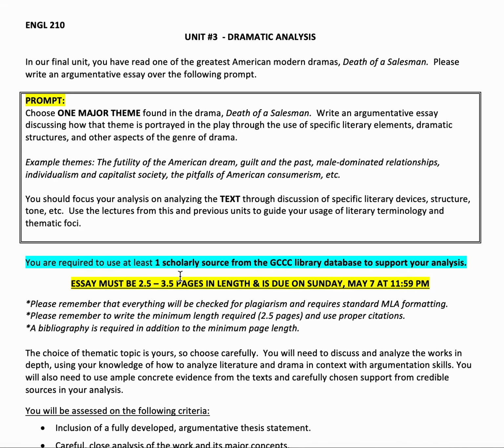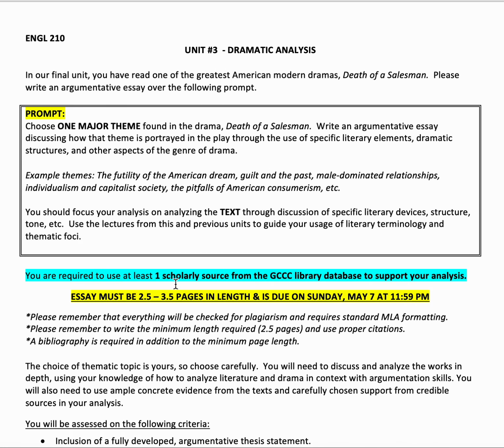What you don't want to do is recap what happens. Don't just tell your audience this happened and this happened and this happened. Instead, choose specific moments from the play that speak to those literary elements you want to look at, and then pull out the meaning or the purpose behind those. Why does the author use those specific devices as you analyze how they put this meaning into the play?